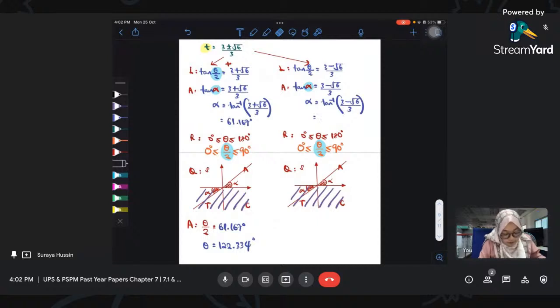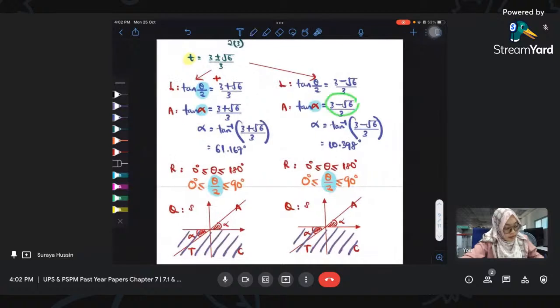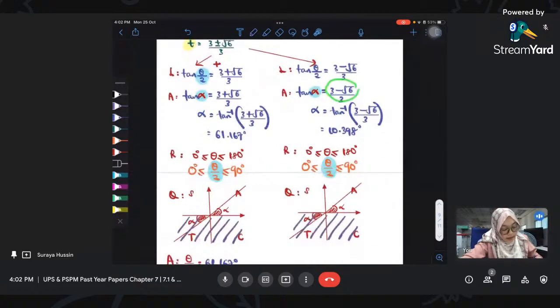Our alpha is not 61. Our alpha is 10.398 theta. That is our alpha. Untuk bahagian lagi satu, for this value, this is another t value, okay?